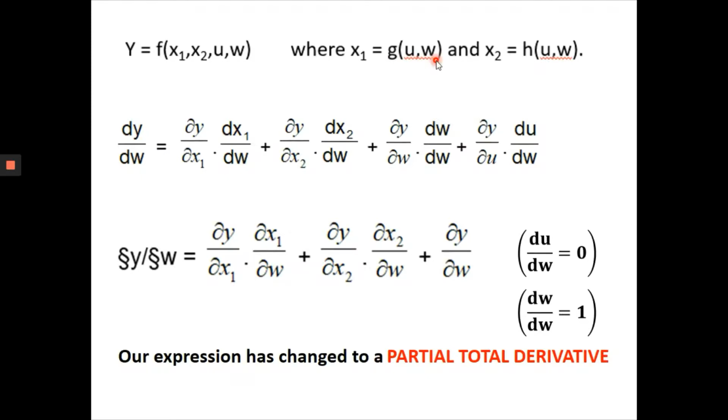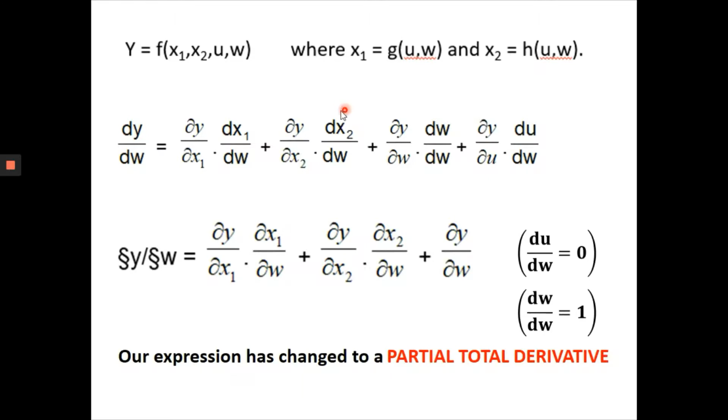And recall that we are currently holding u constant as we allow w to change. So as soon as we do that, we are working out a partial derivative. So this here would be the partial derivative of x1 with respect to w whilst we hold u constant.